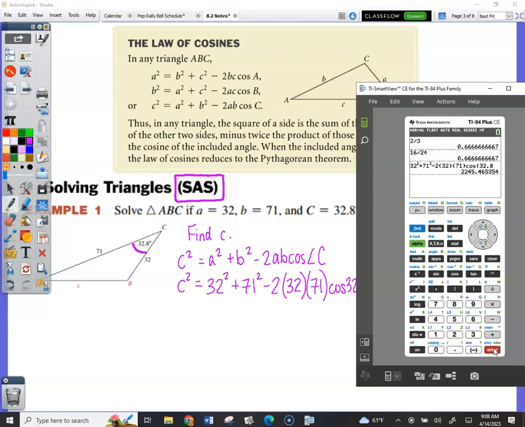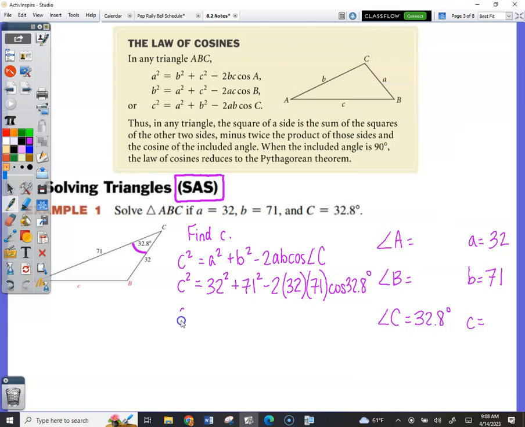Type it all in and leave it there. So c squared is approximately 2,245.5.